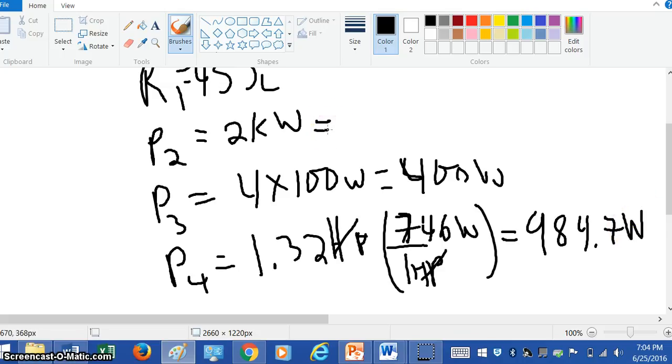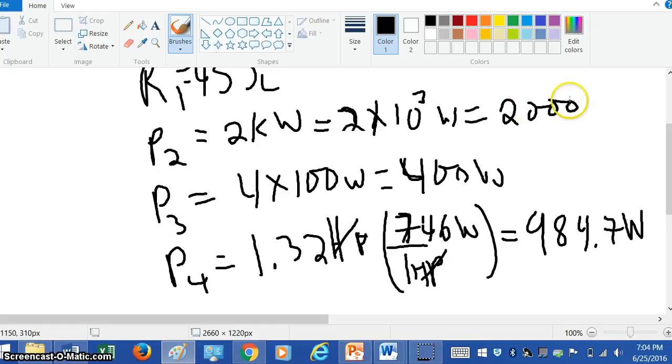Everything's in watts now, except for power 2. This is 2 kilowatts, which is 2 times 10 to the third watts, or simply 2,000 watts.